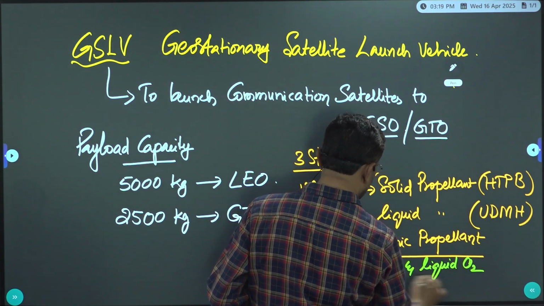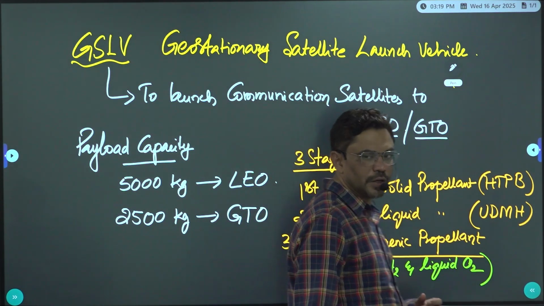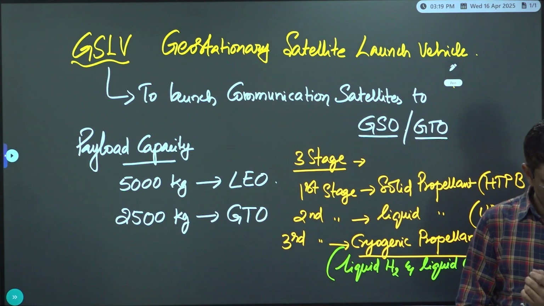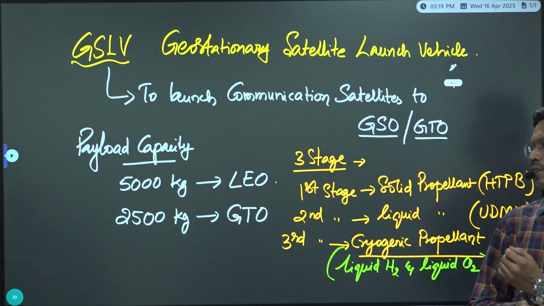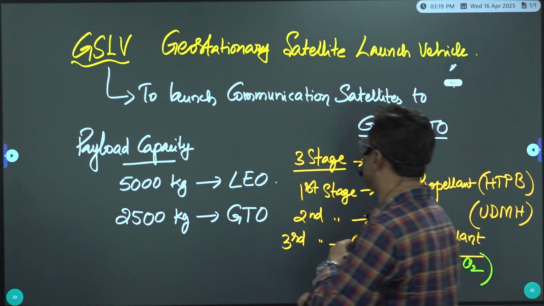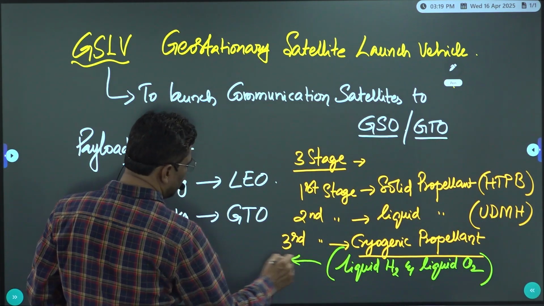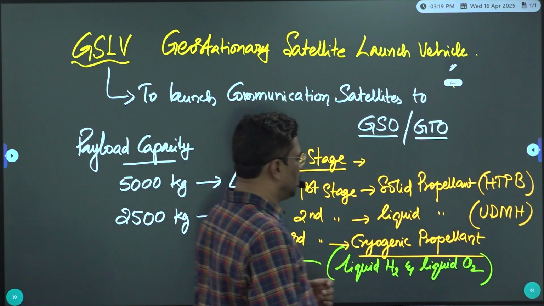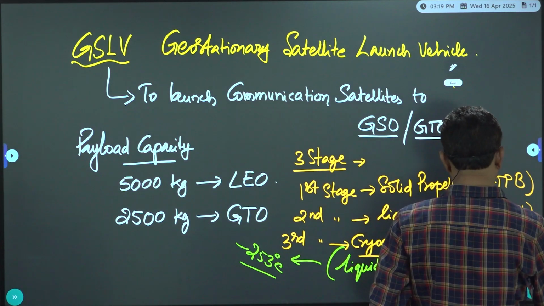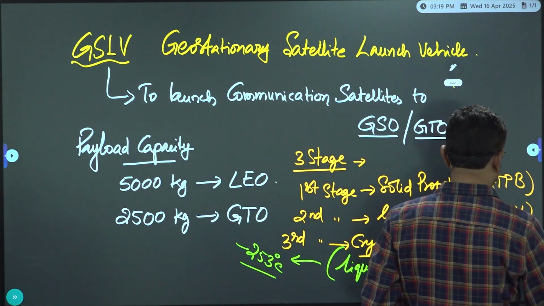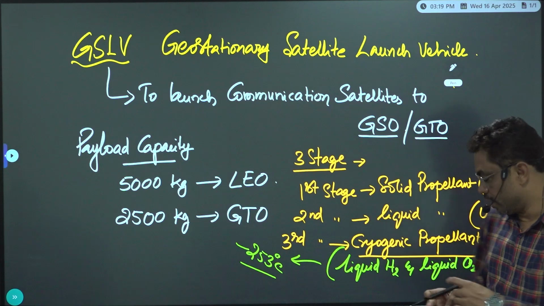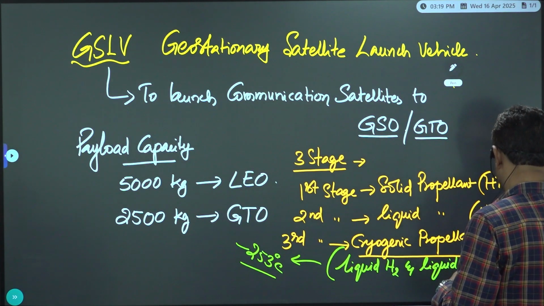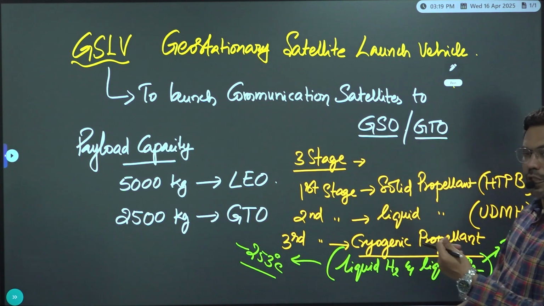Liquid hydrogen acts as a fuel and liquid oxygen acts as an oxidizer. The liquid hydrogen is kept at minus 253 degrees centigrade, and the liquid oxygen is kept at minus 183 degrees centigrade temperature.